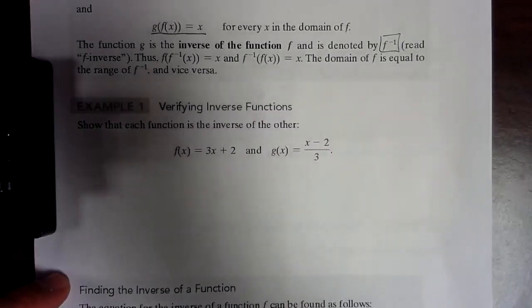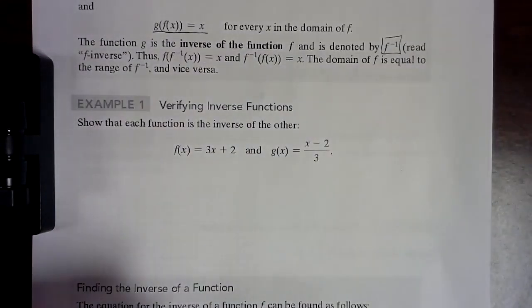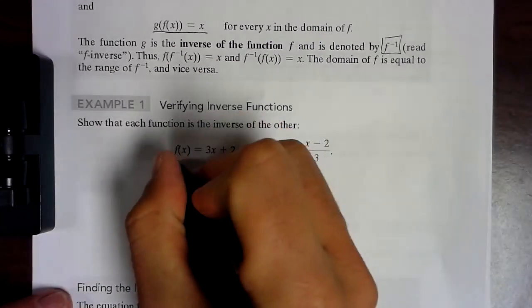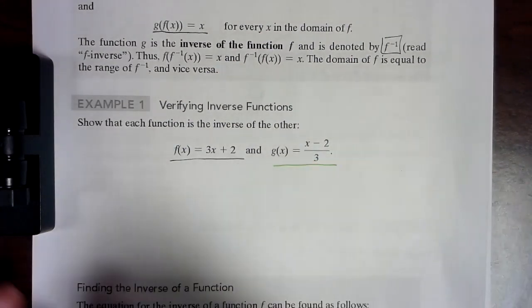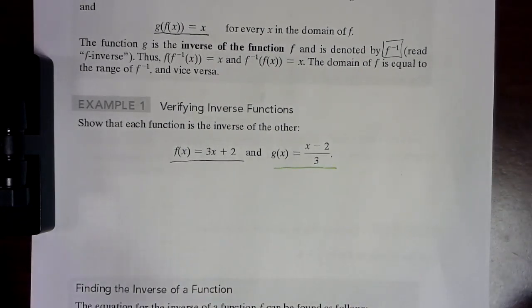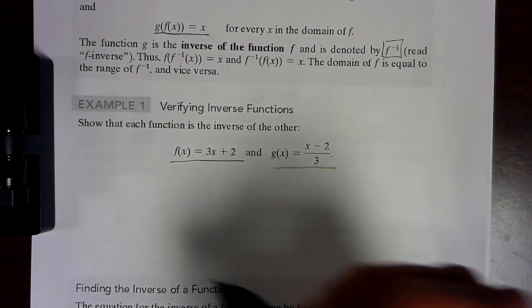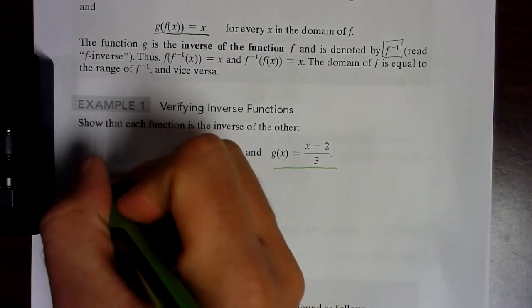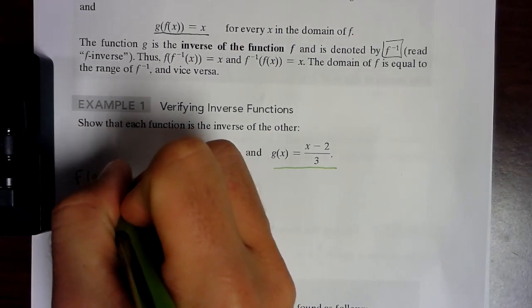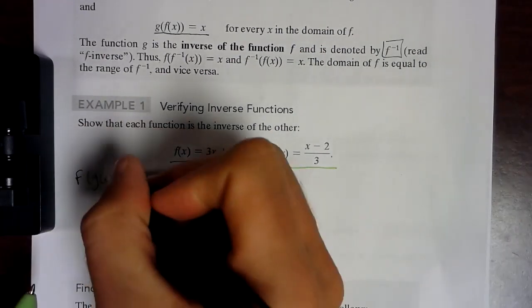With compositions, remember what we're doing is we're taking one function, let's call it f of x, and we're going to compose it with g of x. I like to use colors because it really illustrates what's going on here. The first thing we need to do is see if I take f and compose it with g of x, does it end with x?